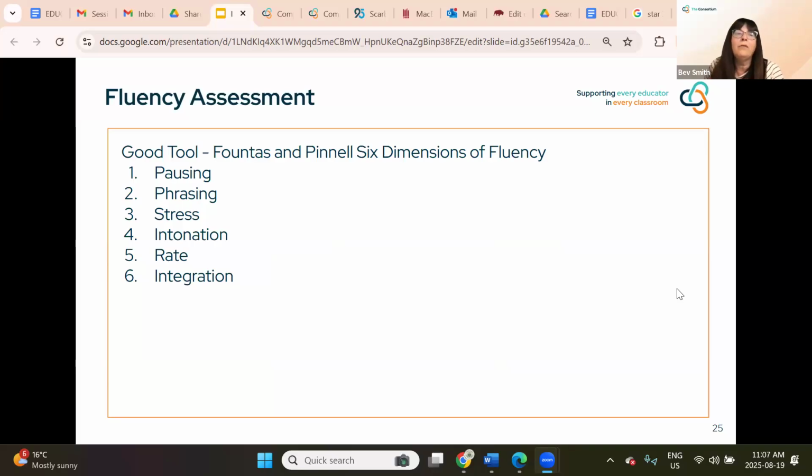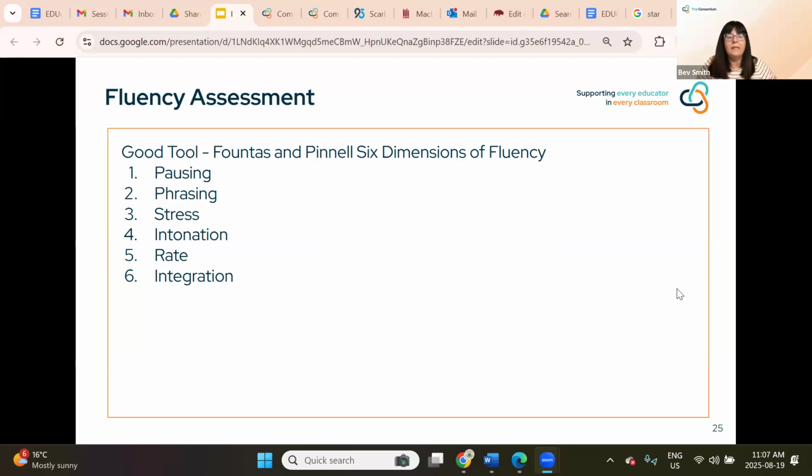We also want to think about fluency as not just for reading but for writing. So can students maintain a good fluid rate of writing? And if they can't, maybe that means they need more work on phonics, so then we want to go back and look at those phonics skills. Maybe it means they need to develop a bigger bank of sight words.